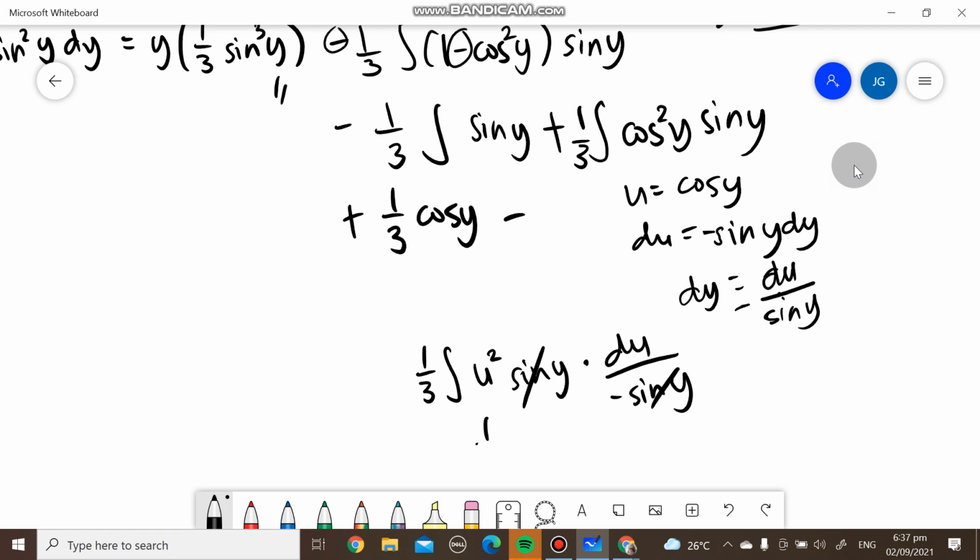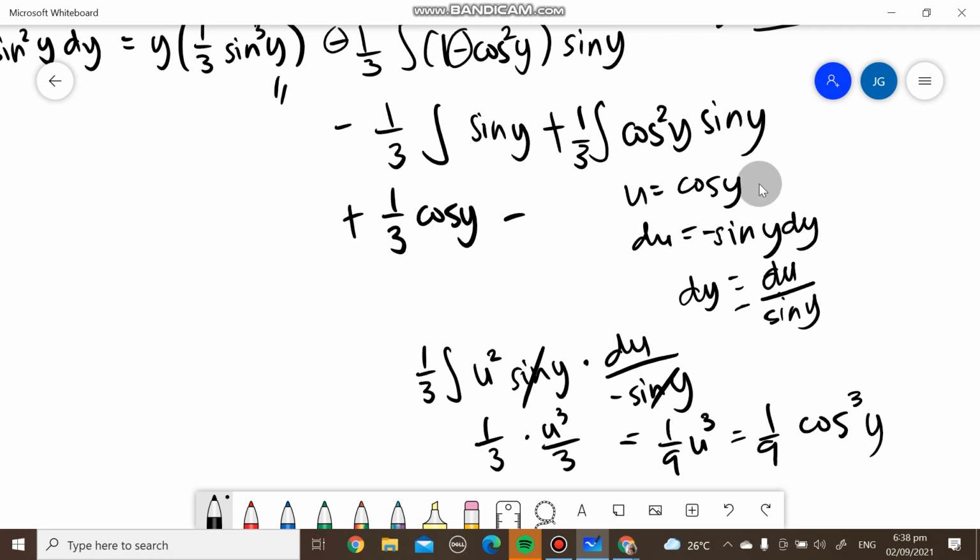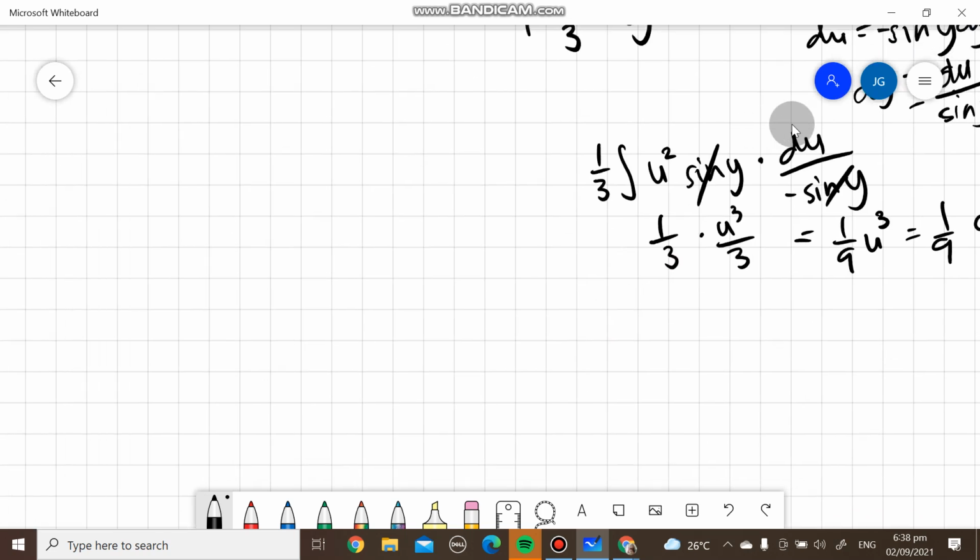The integral is 1/3 multiplied by u cubed over 3. So, we will have 1 over 9 u raised to 3. What's the value of our u? We have 1 over 9 cosine cube y.